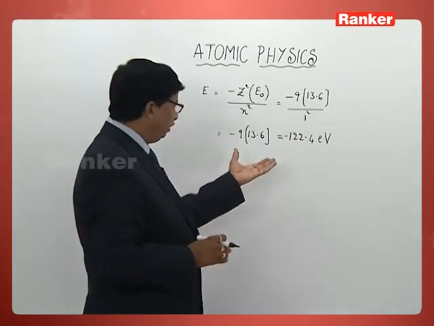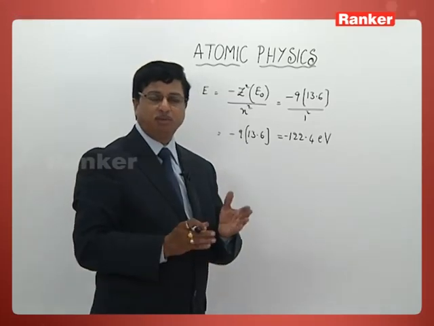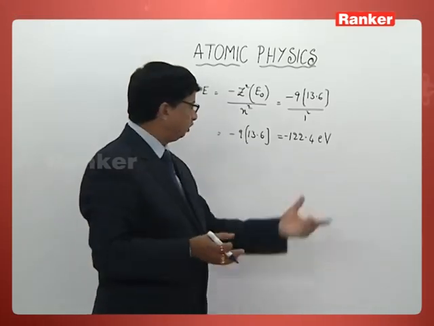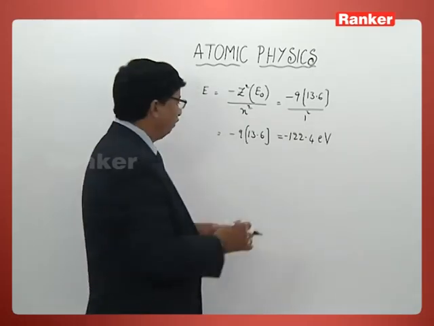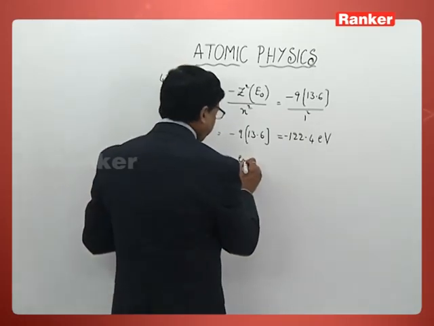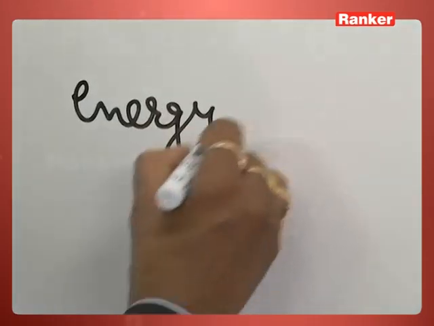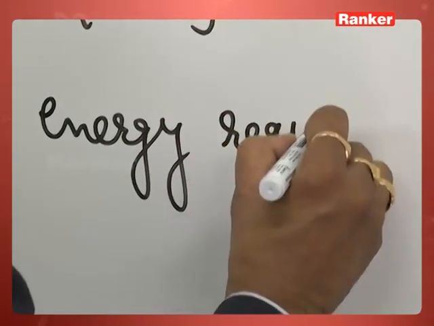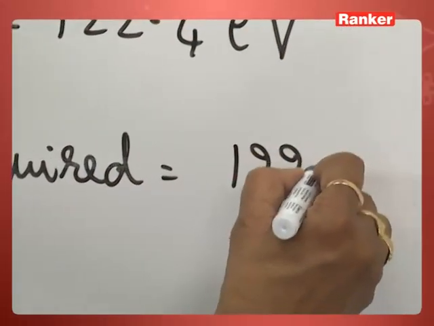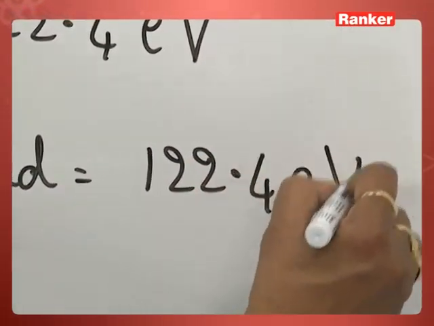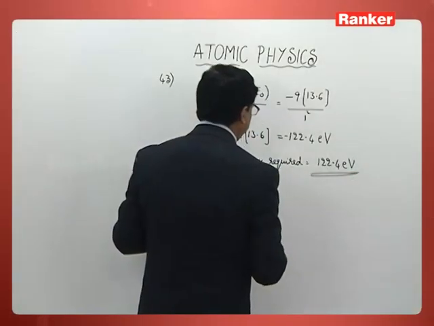But the question is just asking what amount of energy is required. So the energy required is 122.4 electron volt. That is the correct value.